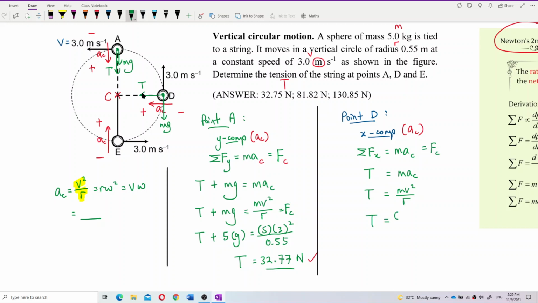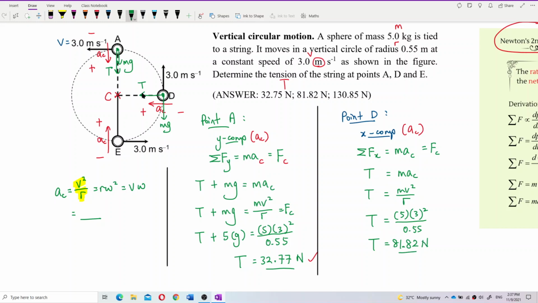Just substitute the mass, the v, and the r. So what is our tension? Let's calculate. The answer which I get is 81.82 Newton.